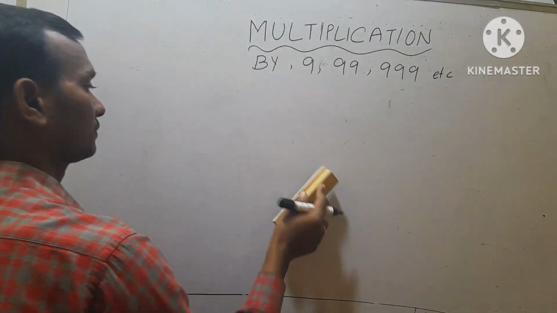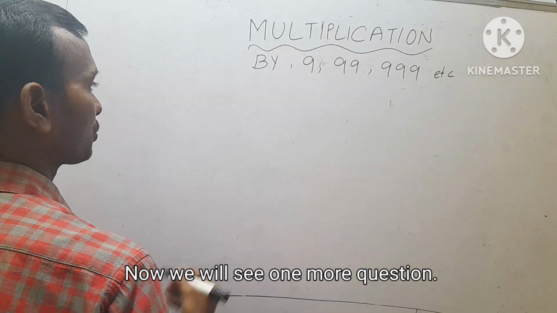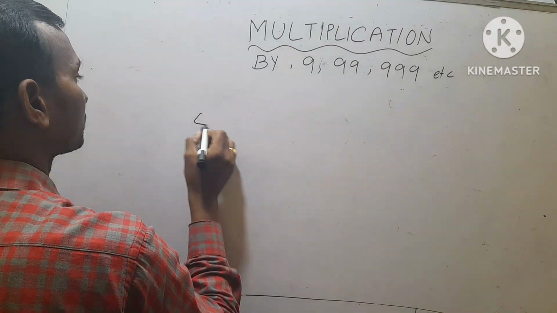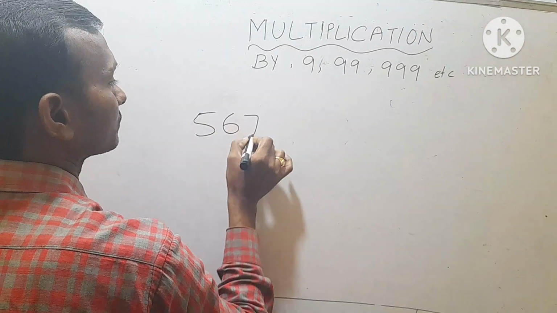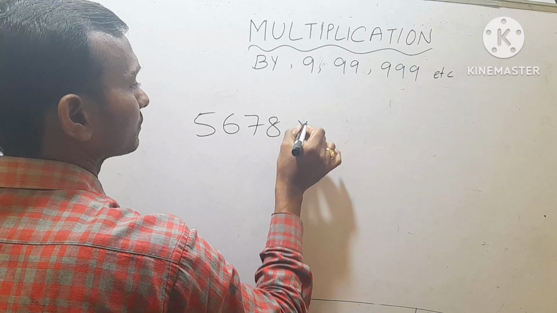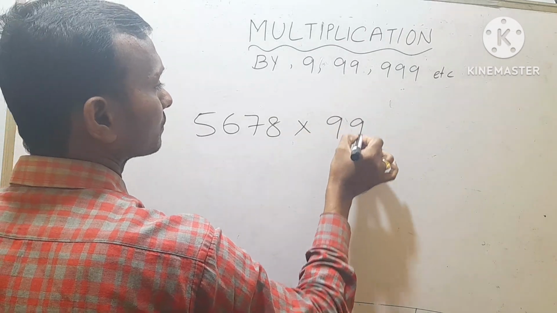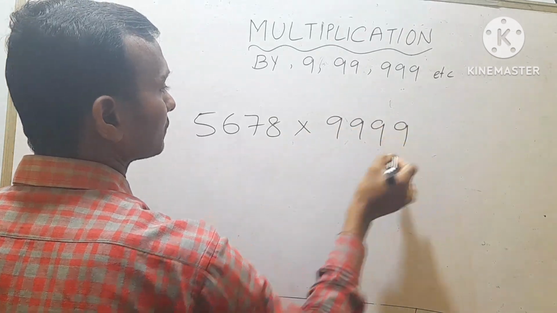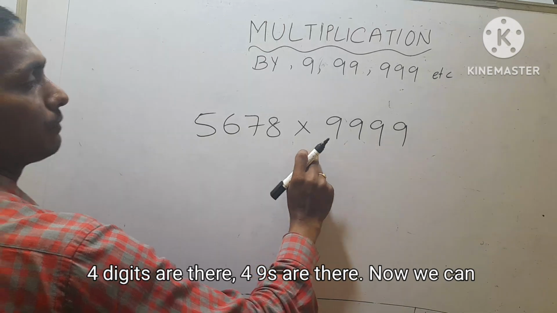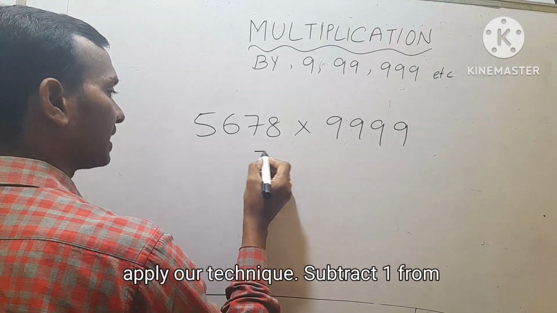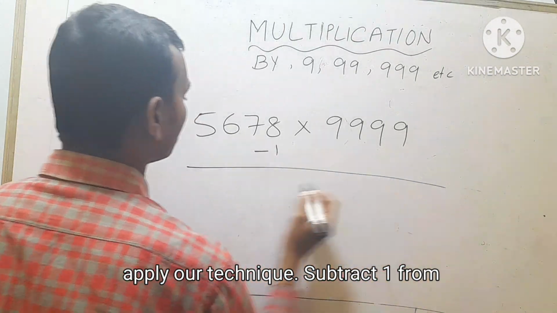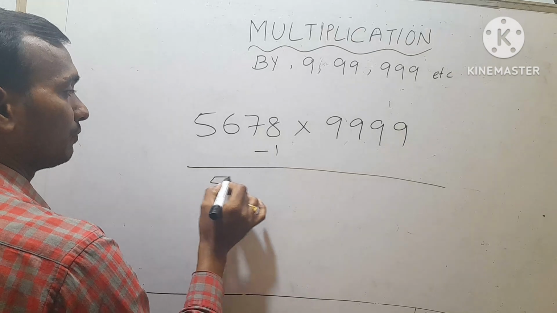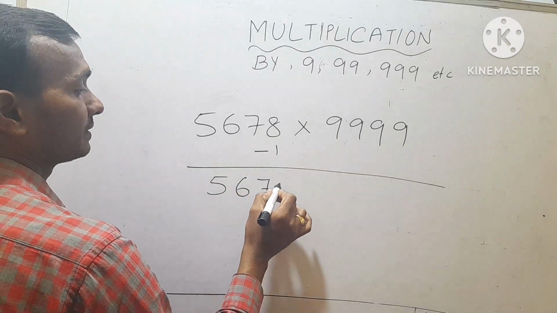Now we will see one more question. 4 digits are there, 4 9s are there. Now we can apply our technique. Subtract 1 from it. 5, 6, 7, 7.